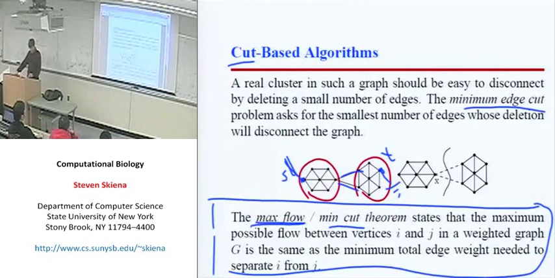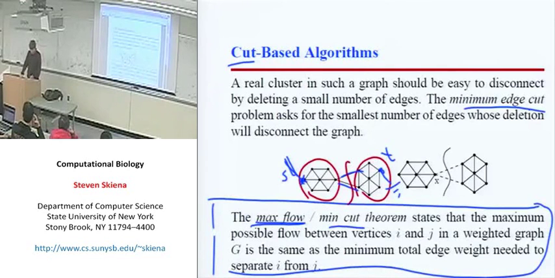How fast water can flow from here to there in the steady state is going to be limited by the bottleneck, the limited capacity to cut this thing. Does this kind of make sense?